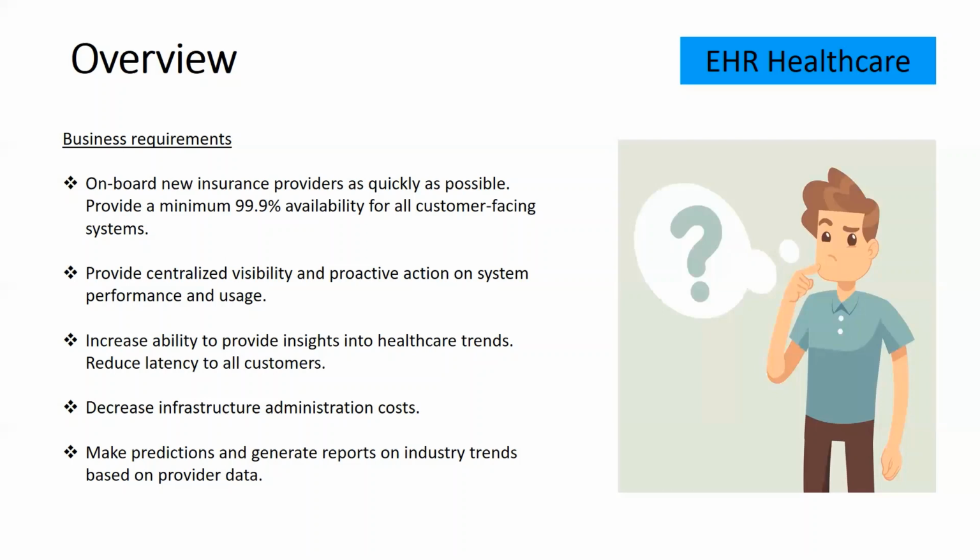They want insights into trends, generate reports, and others. Full technical requirements and executive statement are mentioned in the Google web link, and I have given the link in description. Please go and check that to get a better understanding on the requirements. Now let's look at the sample solution.